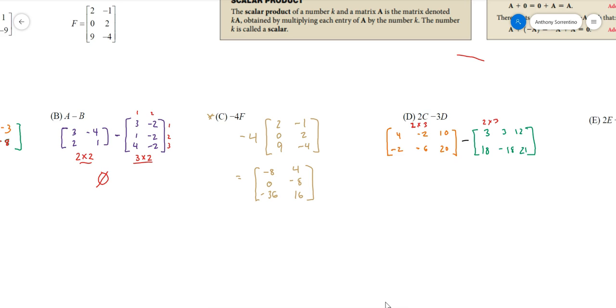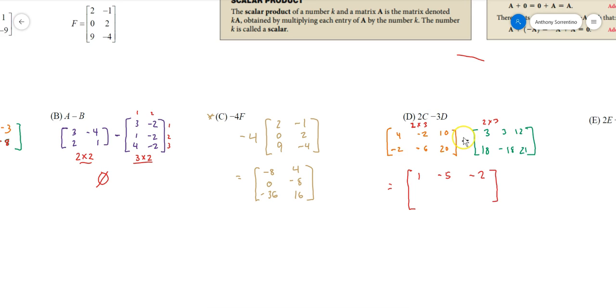I do have to be careful about how I subtract them though, because remember, I gotta be careful of signs and what all. So when I get an answer for this, 4 minus 3 is 1. Negative 2 minus 3 is going to be negative 5. 10 minus 12 is going to be a negative 2.